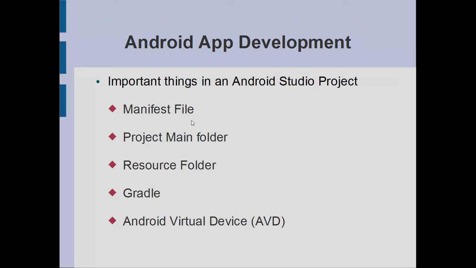For example, manifest file is an XML based file, and you use this file to define your activities or your main project, your application name and certain permissions that your app is going to use, for example, reading the phone context, reading or writing to external memory, or using internet.